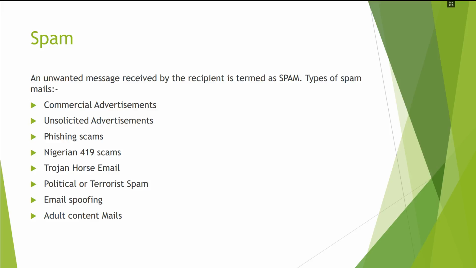The major one would be commercial advertisement. Commercial advertisement is an advertisement from big, large companies like Walmart, Publix or Home Depot. They send out bulk messages for some kind of deal, could be a Black Friday deal, a weekend deal, or just a regular mail.